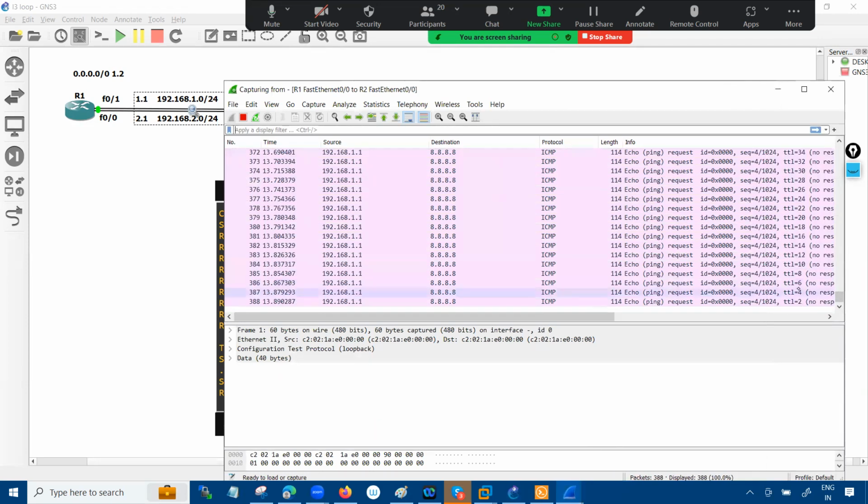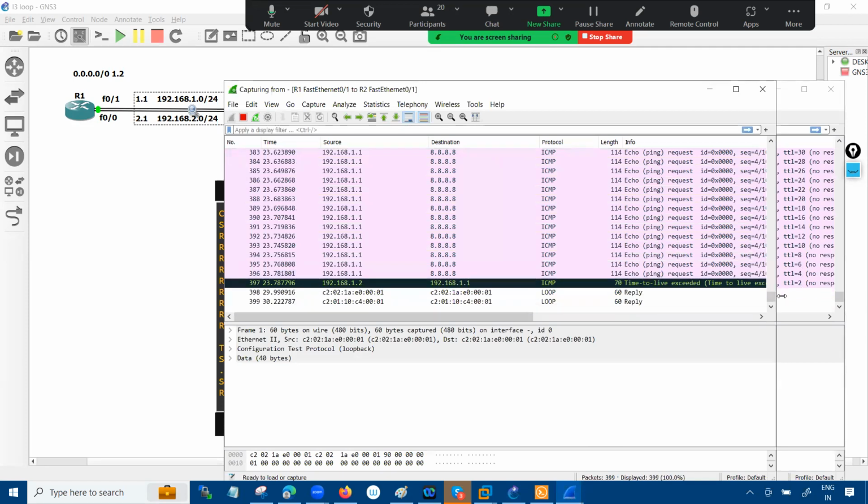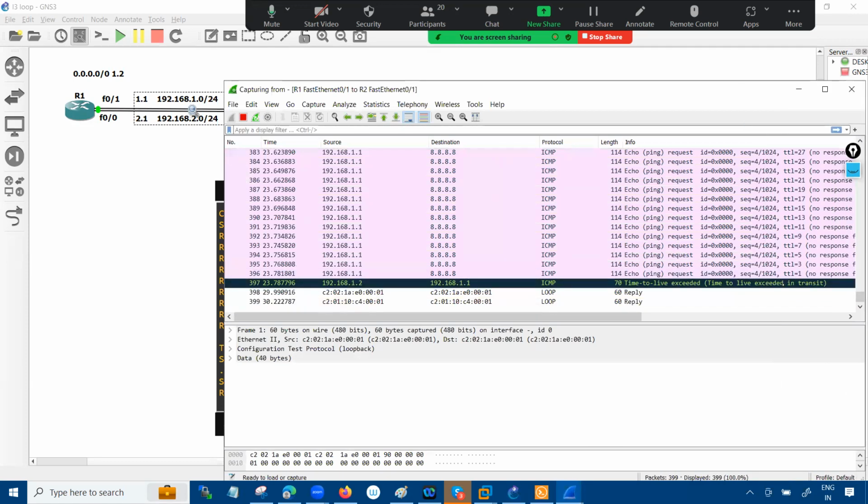Now if you see, TTL expired, no response. And if you go to another capture, you see TTL 1 and then the last one is TTL 0.